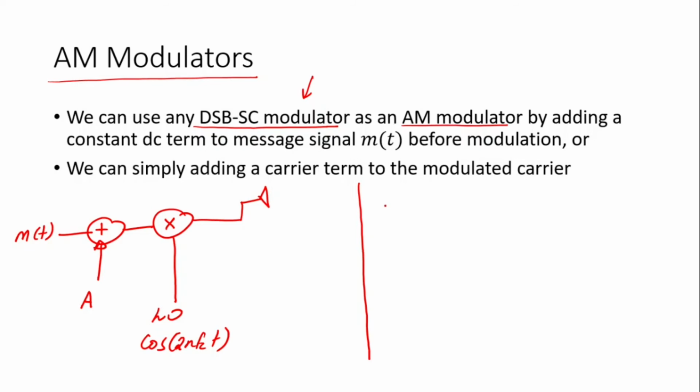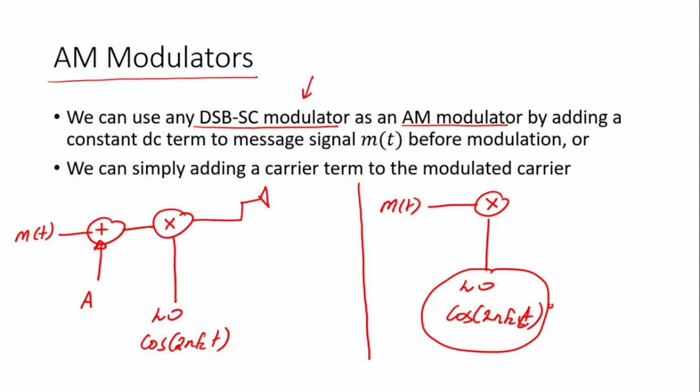The second option is again we can have a message signal m of t, and now initially we pass it through the local oscillator, which is having the carrier frequency that is cos 2 pi fct. So this local oscillator, we take a thread, give it a gain of A, and then add it to this signal, right?